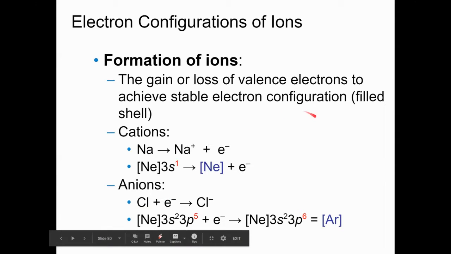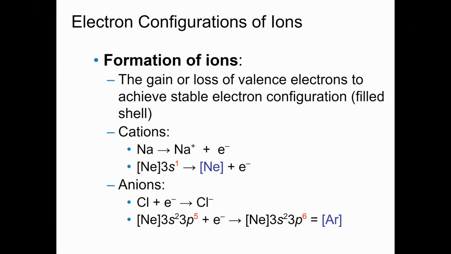Chlorine, which is almost all the way to the right of the periodic table, gains 1 electron to form a chloride ion. And so then it goes from 3s2, 3p5 to 3s2, 3p6. So then those electrons are full and it looks more like argon. So those ions form so that they look like noble gases, and that's why they lose or gain the number of electrons that they do.